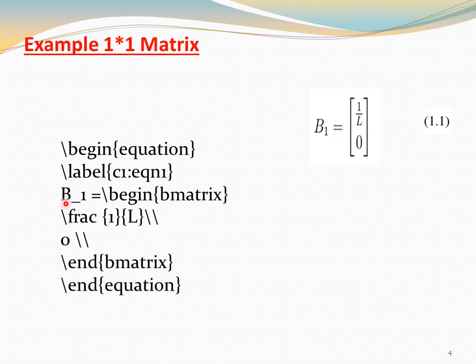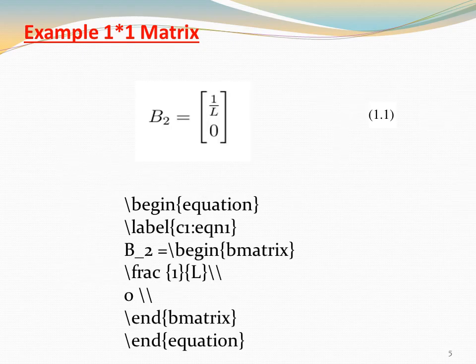So first we write B underscore 1 is equal to \begin{bmatrix}. Then the first value is 1 by L, so \frac{1}{L}, ending with two backslashes. And the second value is 0. End with \end{bmatrix} and \end{equation}.